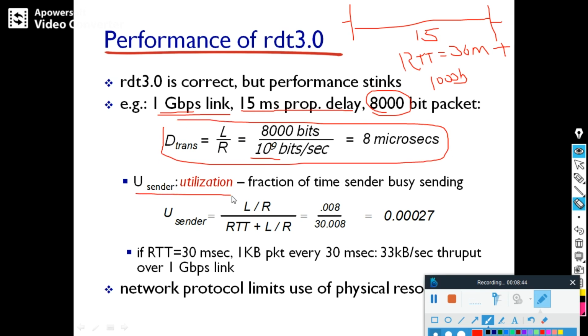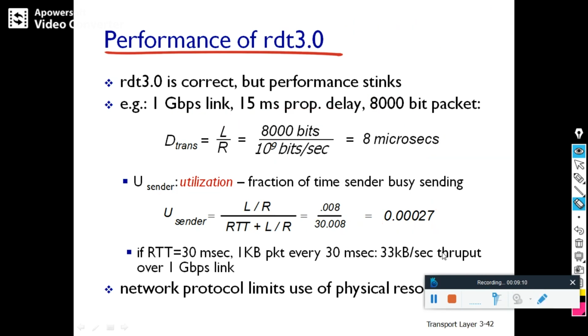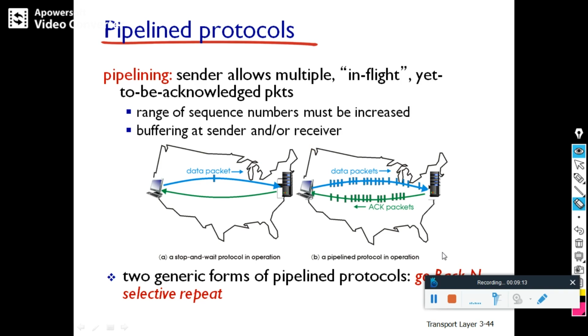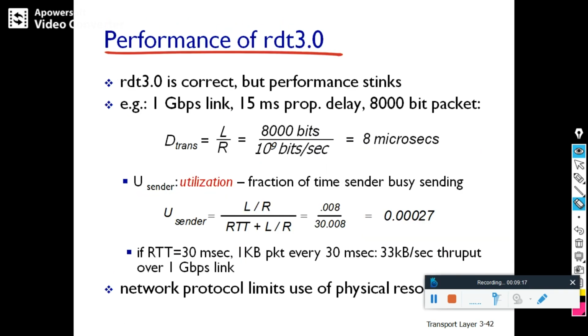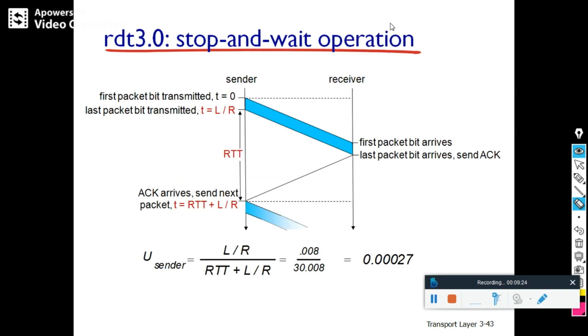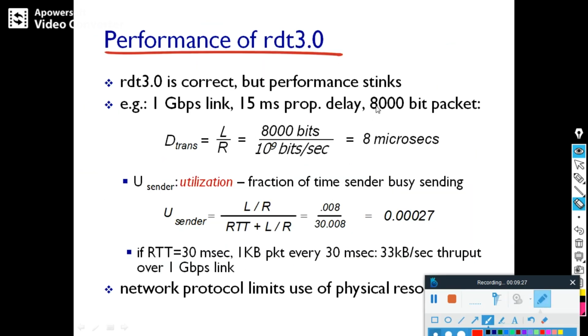Now the sender utilization. So in total we know RTT plus transmission time, total 30.008. I said 30 plus the transmission time is 0.008. This gives 0.027, so utilization is 0.027, and in terms of bandwidth it comes to 267 kilobits per second.